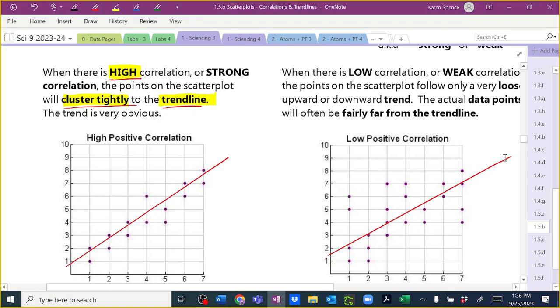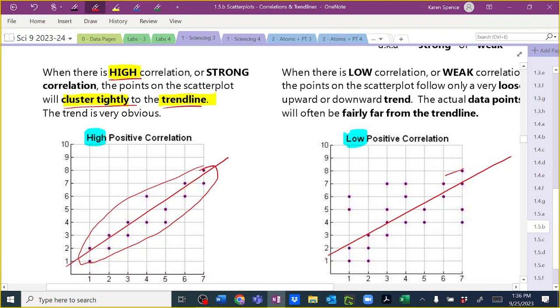So the graph on the left is high, the graph on the right is low. If you were to draw your blobby shape, this blobby shape would be quite close to the trend line.